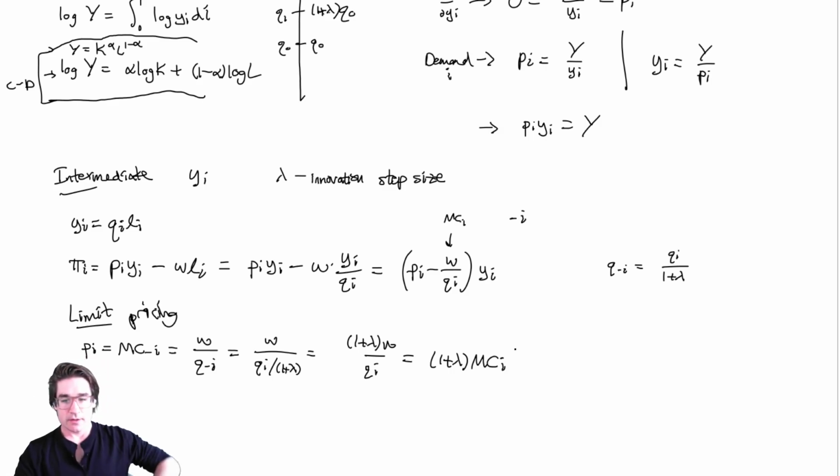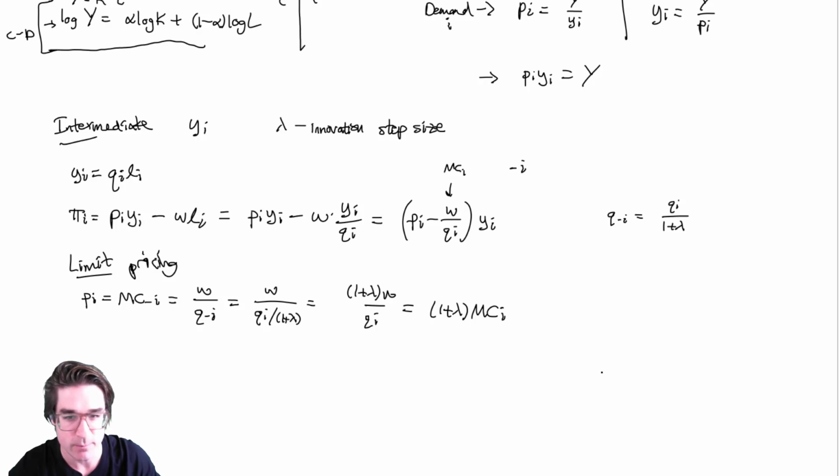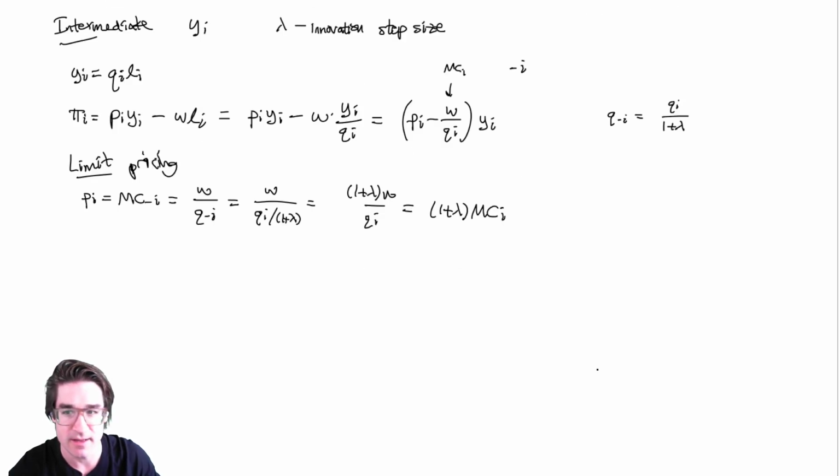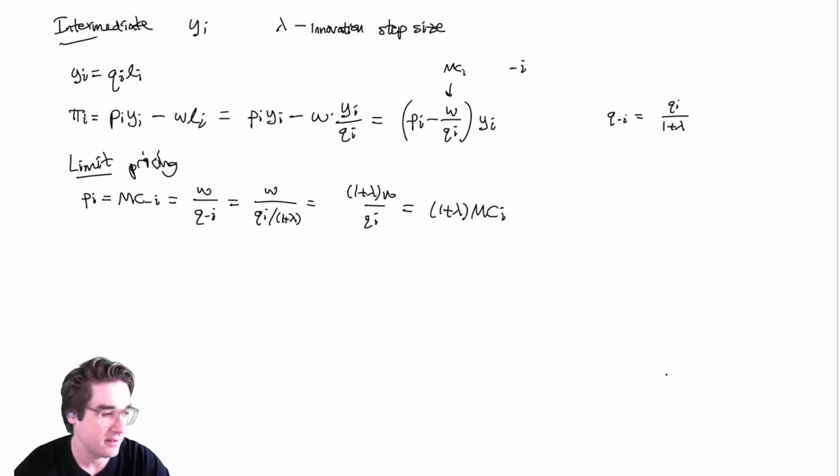So with this limit pricing, we now know what price this leading firm is going to choose, and we know they're going to be the only producer because they've convinced the trailing firm not to enter by setting the price low enough. You can also see that their price is going to be higher than marginal cost. They're going to be making money in proportion to how big lambda is.